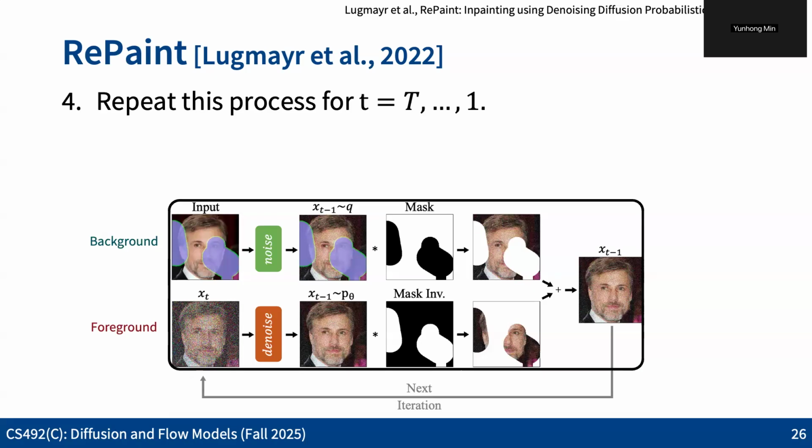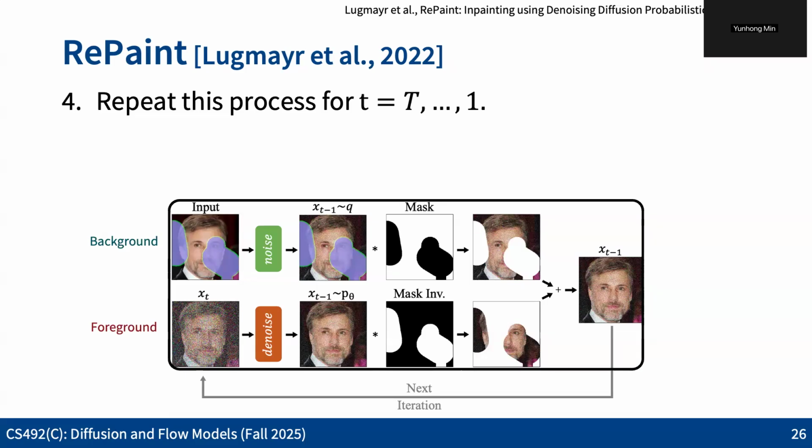Obviously, it is not as clear how we can make the foreground seamlessly connected. But this combination of the xt-1 coming from the default process gives some guidance that the xt should go in a direction such that the background matches the given image.